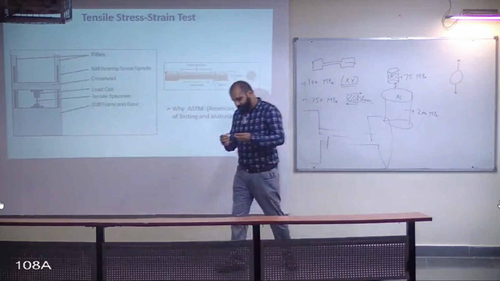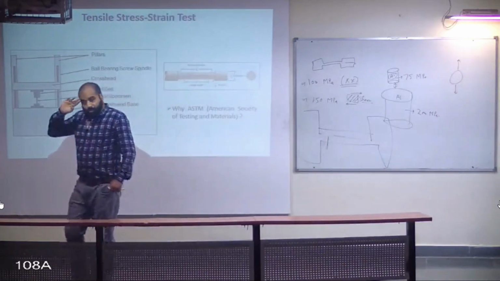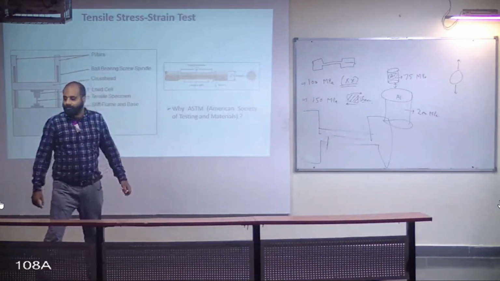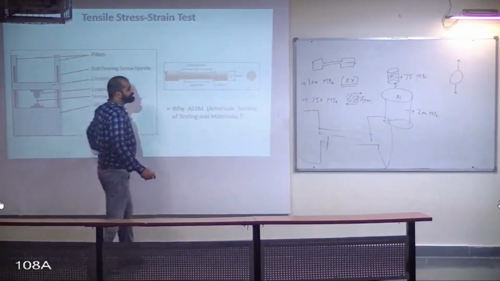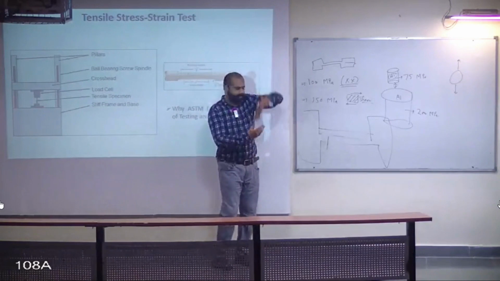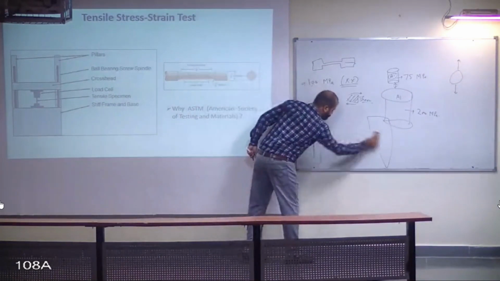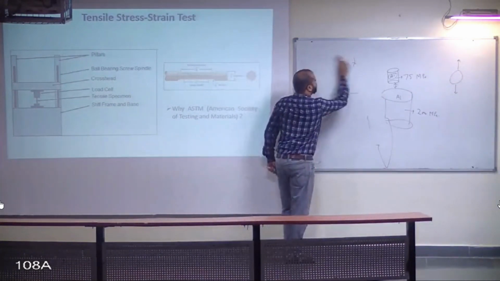This is how you apply shear stress. So we are doing a tensile test. By default, tensile test means we will pull the sample. Now I'll tell you how that test is done.